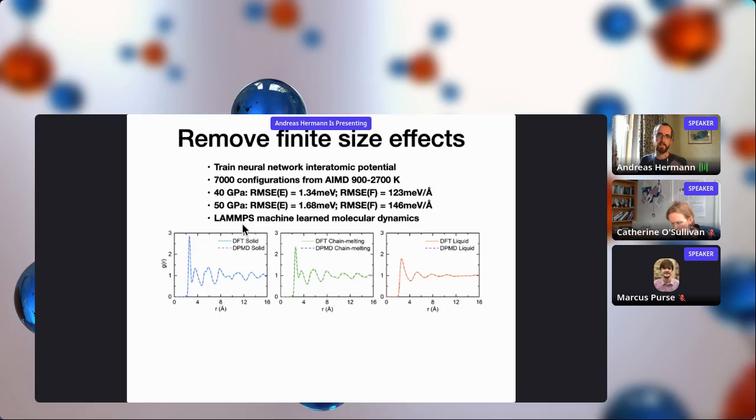And then we use LAMMPS to do classical molecular dynamics with this. Here I show you the radial distribution function comparing the DFT calculation and the Deep MD classical simulations, and you see very good agreement. So structurally, this potential gets it right.